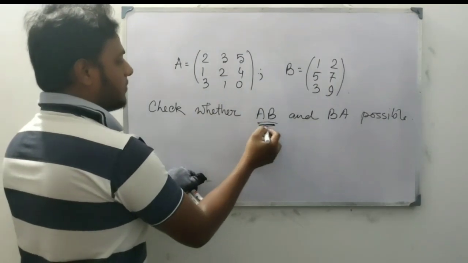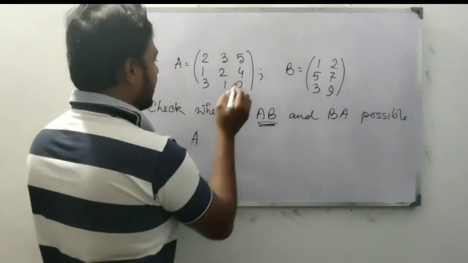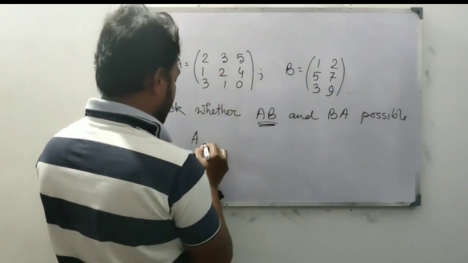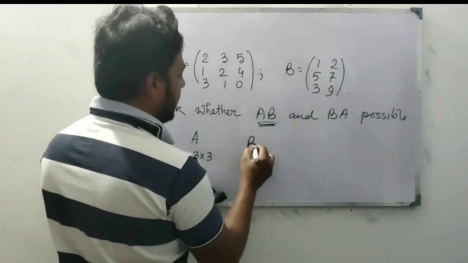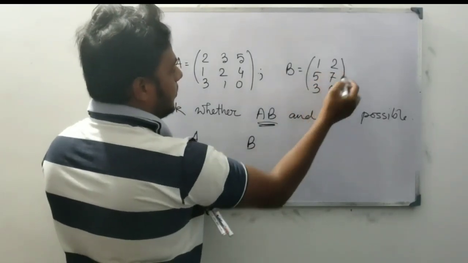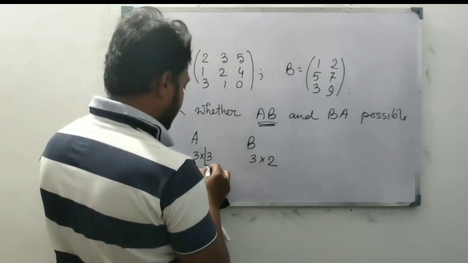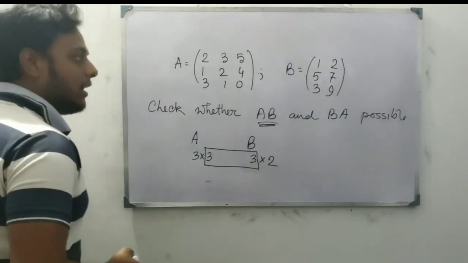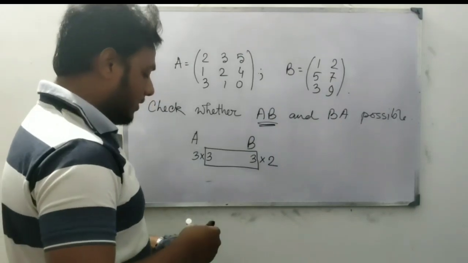I am checking the first one, AB, possible or not. What is the order of A? Number of rows is 3 and number of columns also 3. That means A is of order 3 cross 3. And B is of order 3 cross 2. So since these two numbers are equal, matrix multiplication is possible. That means AB exists. Clear?